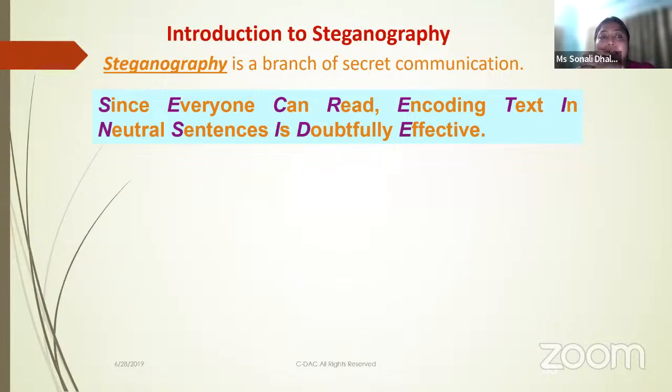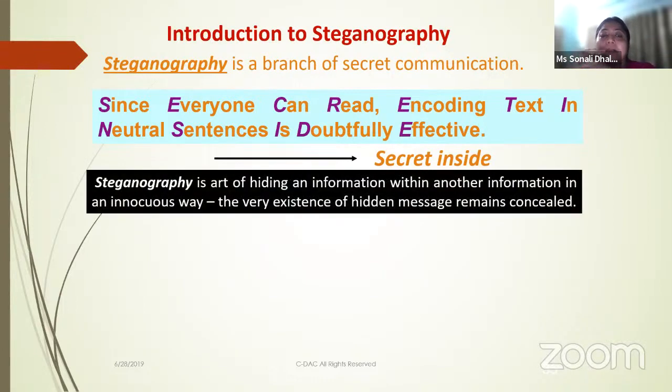If we extract the first letter from each word, it gives a meaningful word: secret inside. So this is a kind of steganography. Steganography is the art of hiding information within another information in an innocuous way. The very existence of the hidden message remains concealed.